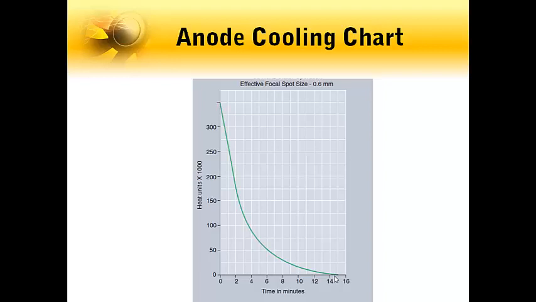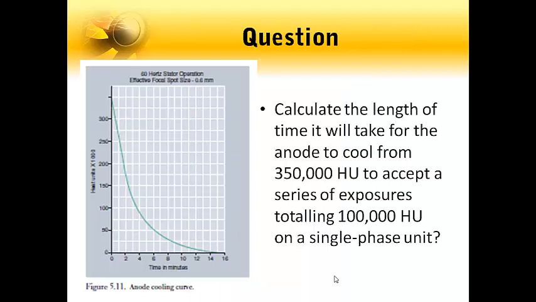Other than determining the maximum heat capacity of the anode, the anode cooling chart is also used to determine the length of time required for complete cooling after any level of heat input. What does it mean? Let's go to one example.